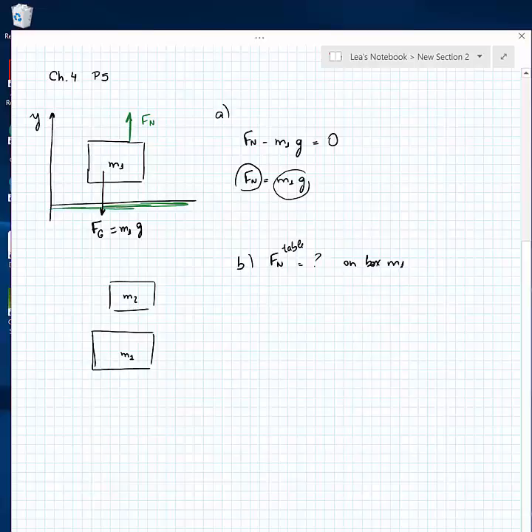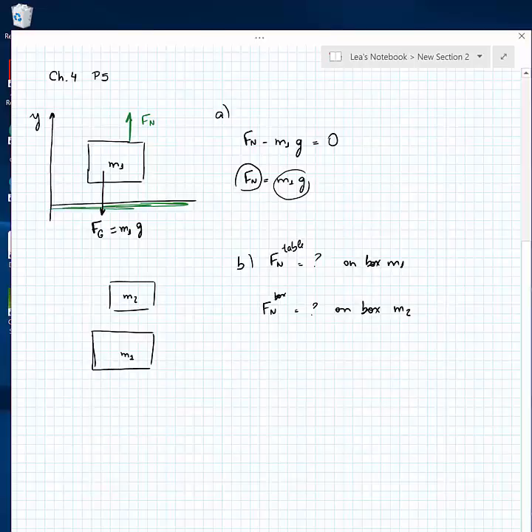And the other question is what is the normal force that box 1 exerts on box 2, the normal force on the box that has mass m2. So these are the two questions.